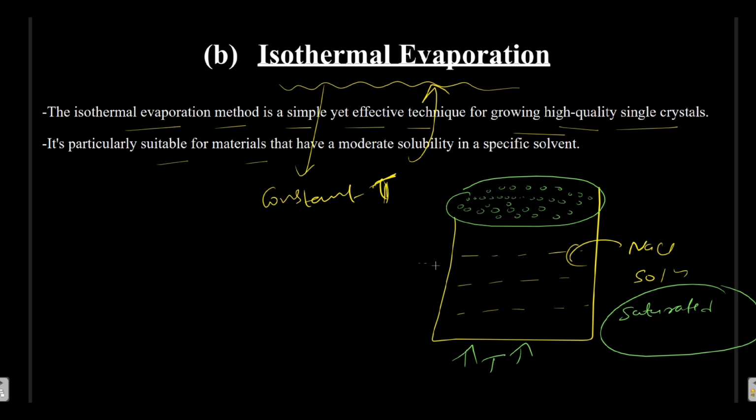The volume of water will start to reduce slowly, but the amount of sodium chloride won't be reduced, and the vapor will escape out through these holes. As a result, the volume of solvent will decrease, and supersaturation will not be maintained at all in that case.